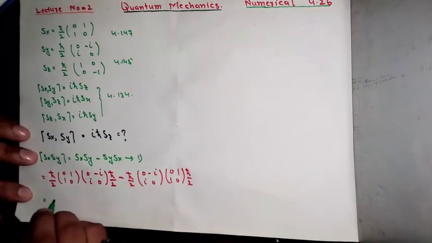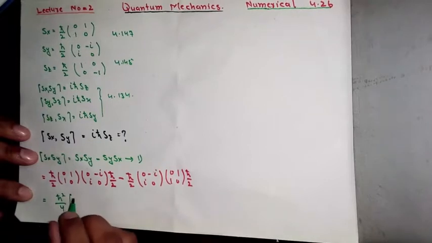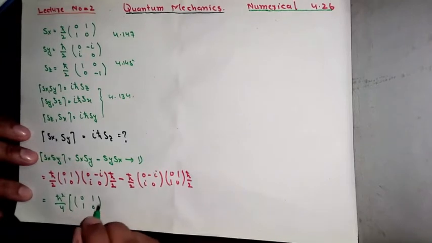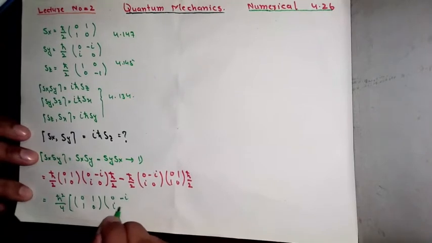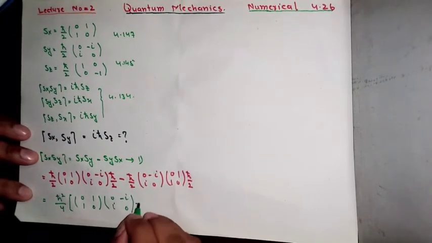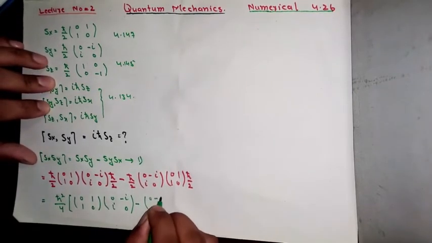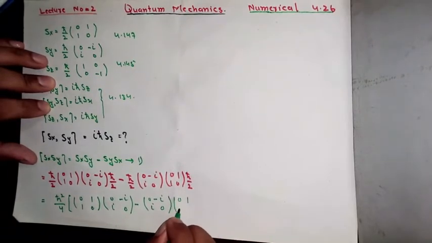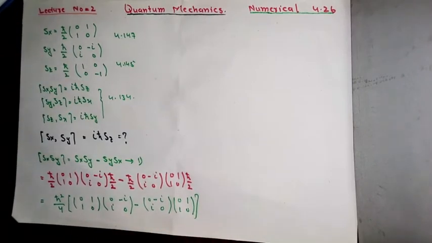If I take h bar square over 4 common, we are left with [0 1; 1 0] times [0 minus i; i 0] minus [0 minus i; i 0] times [0 1; 1 0]. We take common h bar square over 4.